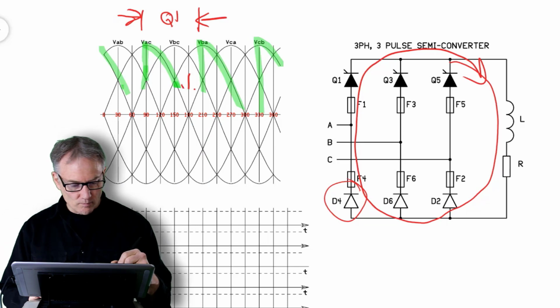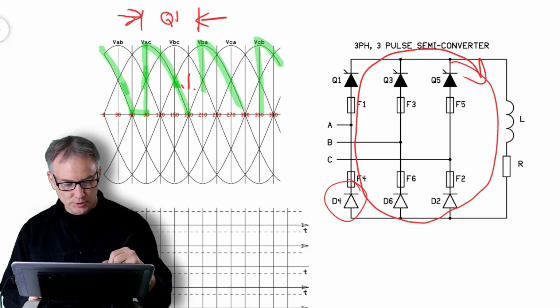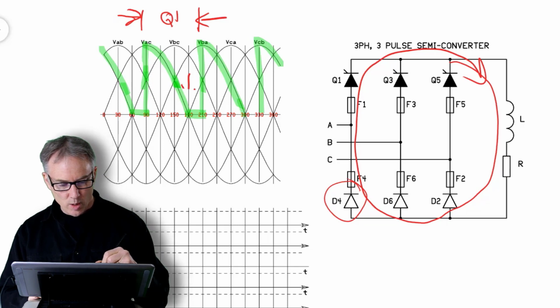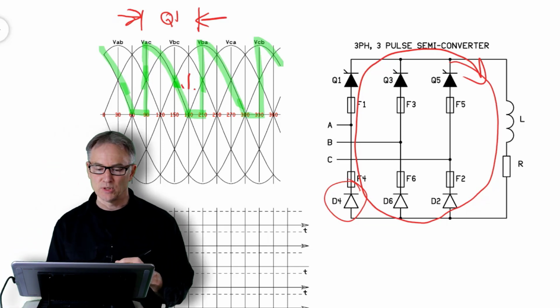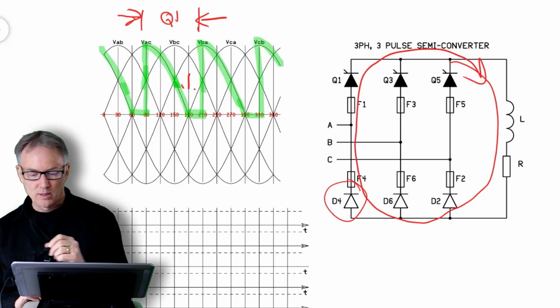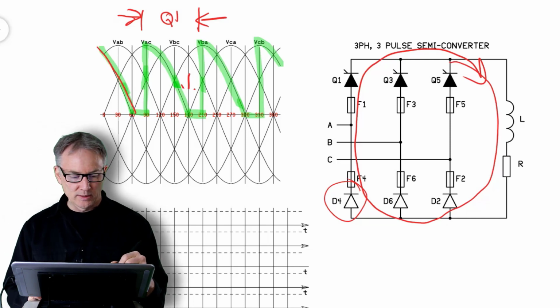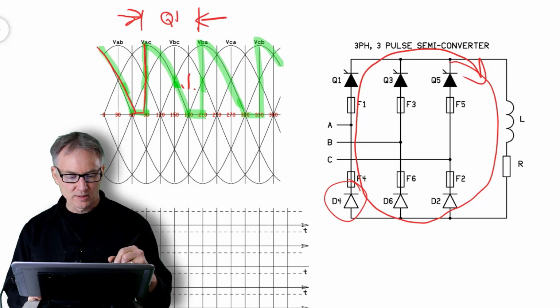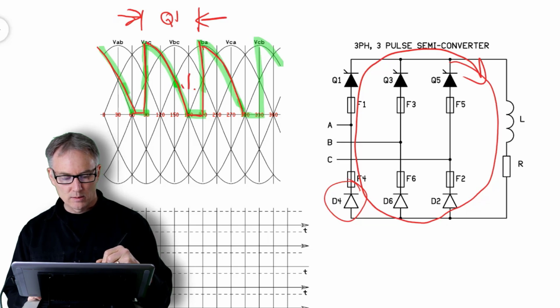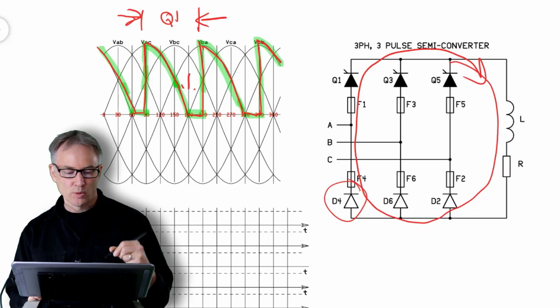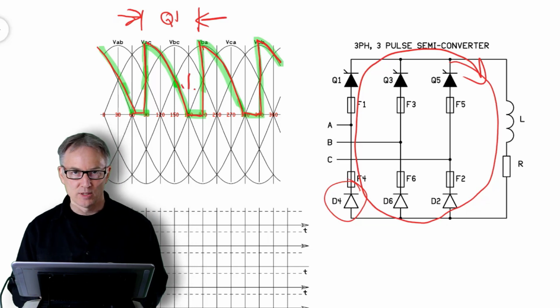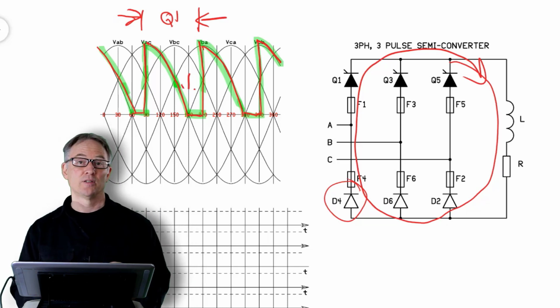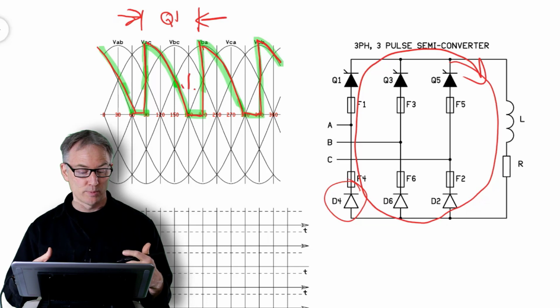So it's going to look like this. The moment the voltage tries to go to 0, it won't, because during that period of time you're actually freewheeling with the device opposite the SCR that you've turned on.